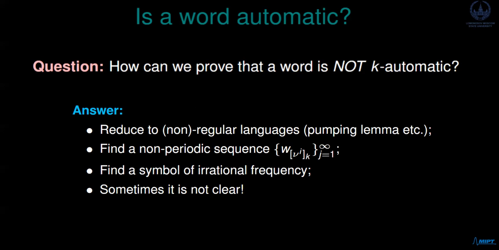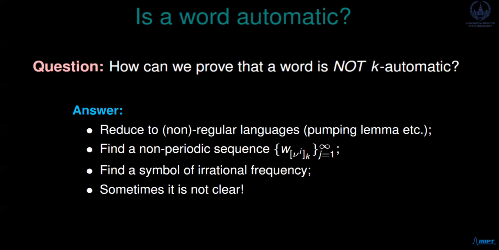Okay, sometimes it's not clear. Finally, in some cases, it can be challenging to determine whether a word is K-automatic or not, and a more advanced method or deep analysis may be required.